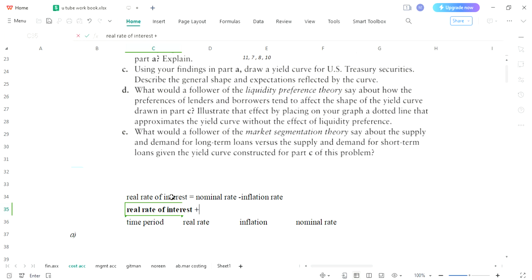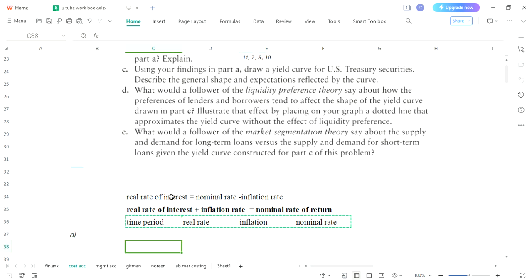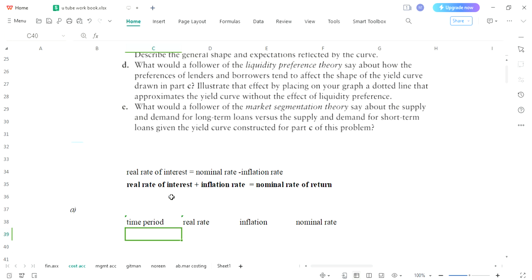It is now added: the real rate plus the inflation rate, and what you get on the right side of the equals sign is your nominal rate of return. So guys, we have got our formula, and we will put this formula to use to calculate our requirement.